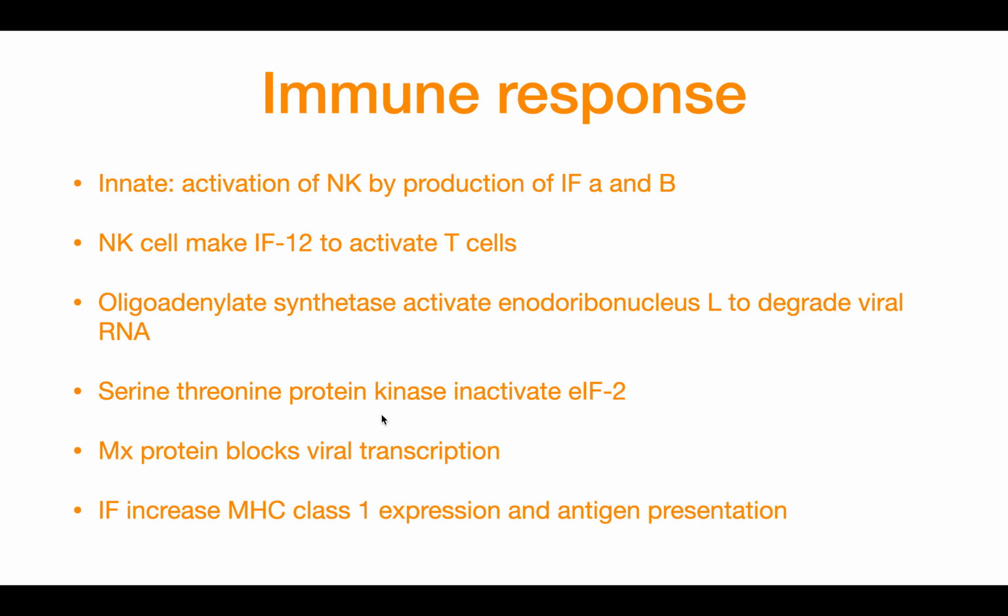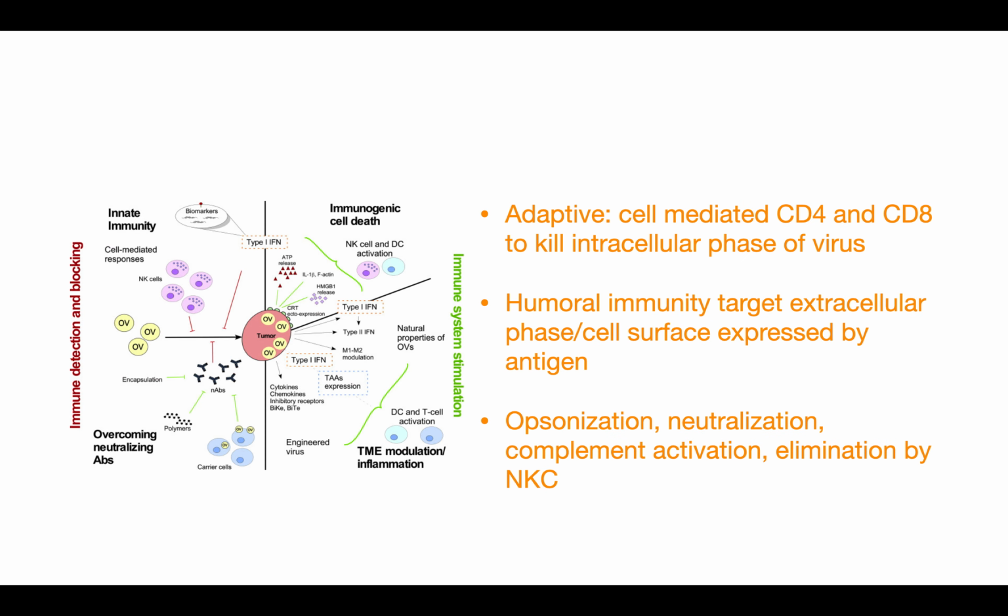Serine threonine protein kinase is going to inactivate the elongation factor eIF2, and MX proteins are going to block viral transcription. And interferon is going to increase the MHC class 1 expression and antigen presentation. It's going to activate T cells. T cells are going to activate B cells. B cells are going to make the memory cells, so on and so forth.